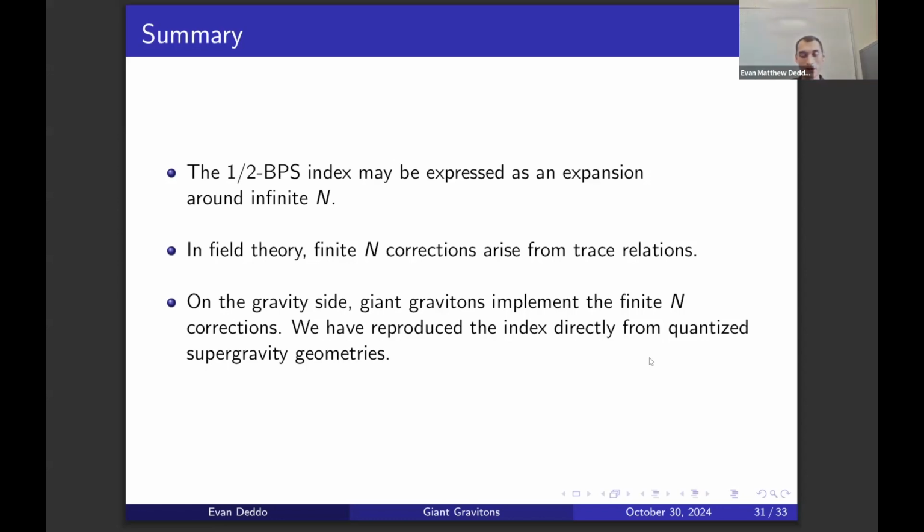I'll describe this later also: there's a bubbling description for quarter BPS and eighth BPS supergravity configurations, so we should in theory be able to do this as well. I'll talk more about that in one more slide. Thank you. Any other questions?